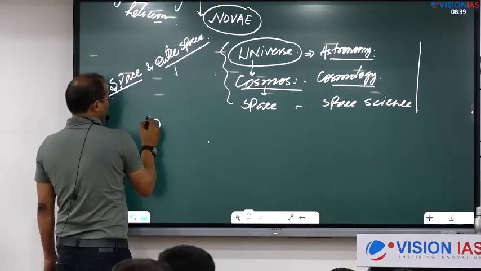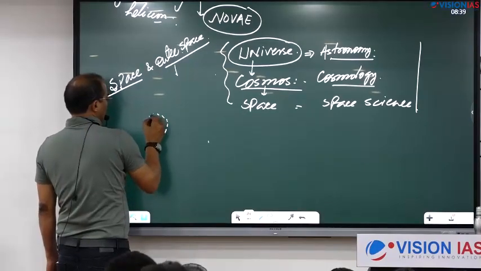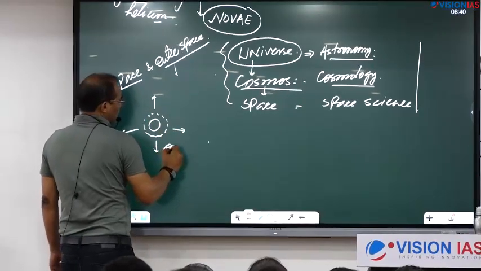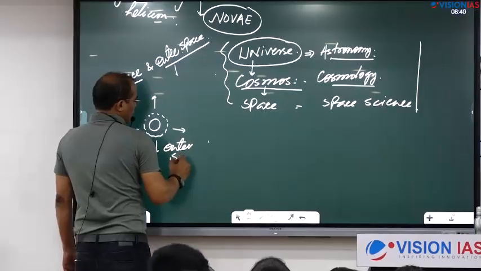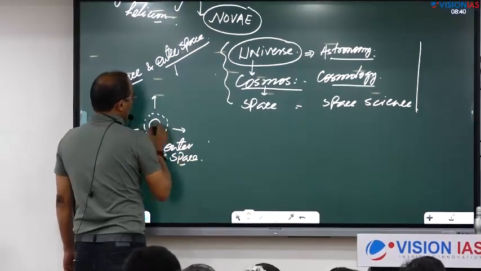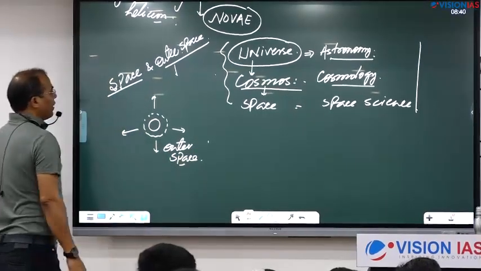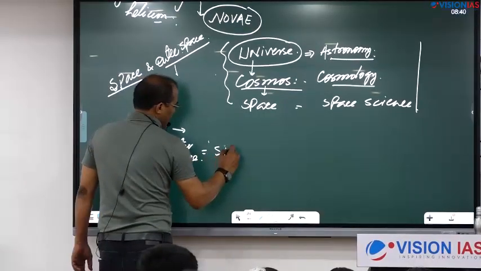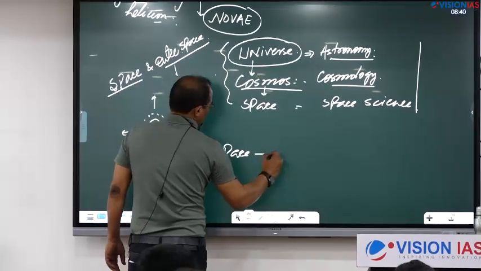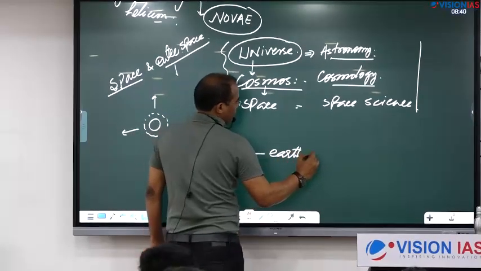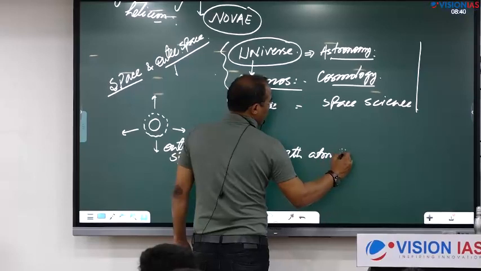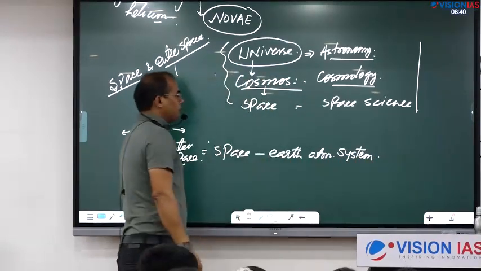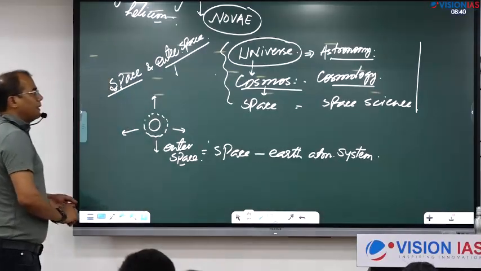So when you have Earth and the atmosphere, the area beyond it is outer space. Space includes Earth and atmosphere. So outer space is equal to space minus the Earth atmosphere system.